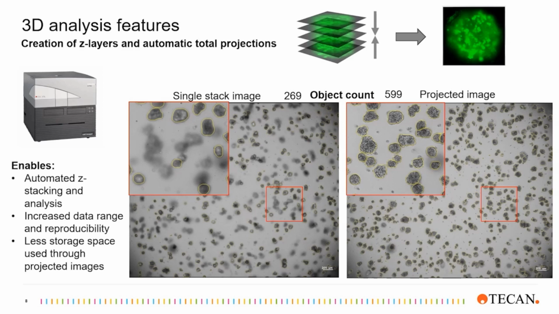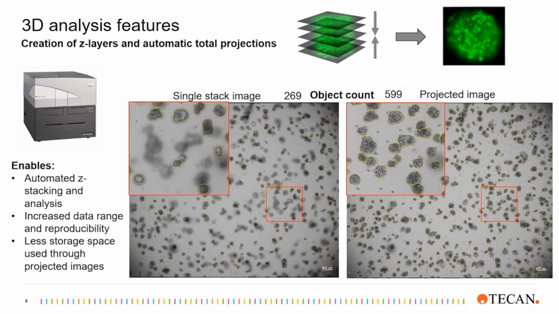As you can see, spheroids that are out of focus in a single image and therefore not segmented by the AI, since they are actually positioned above or below, appear in focus in the projected image and segmented by the AI. This can also be appreciated in the object count resulting from the AI segmentation being much higher in the Z projected image.